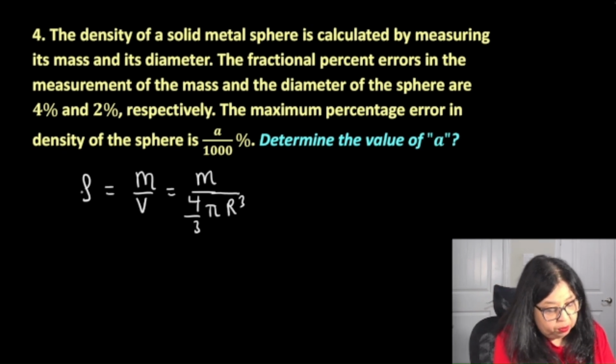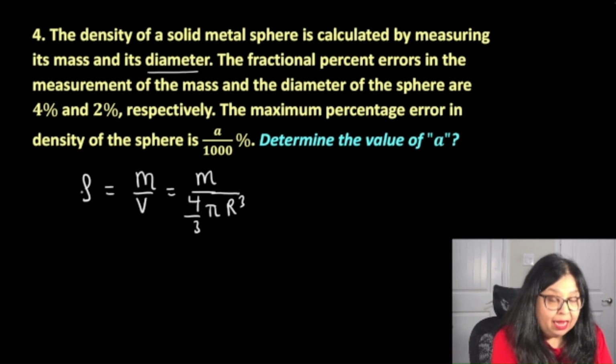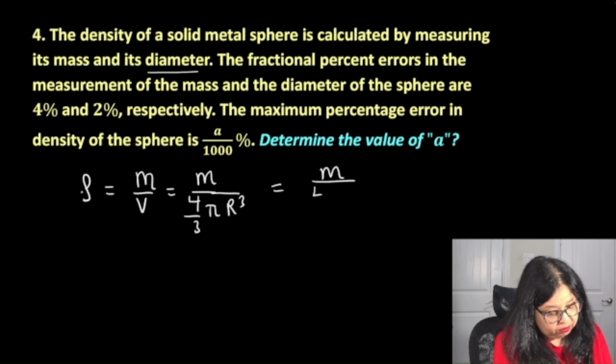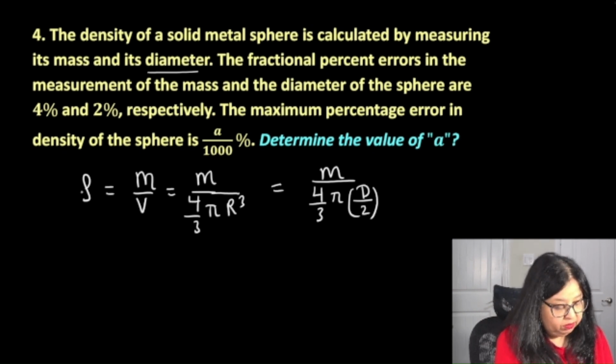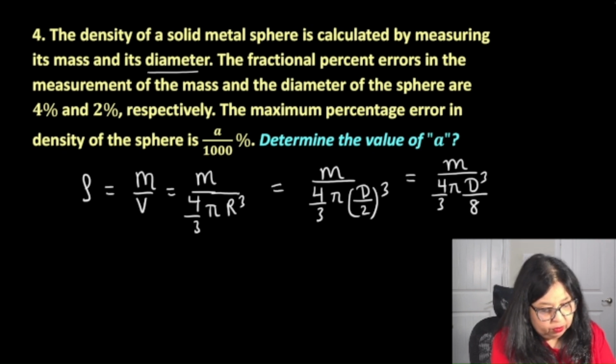But in this problem, we're not measuring the radius directly, we're measuring the diameter instead. So what we should do is write this radius in terms of its diameter. Let's say diameter is uppercase D, diameter divided by 2 is the radius. When we cube it, what do we get? M divided by 4 over 3 pi d cubed divided by 8.